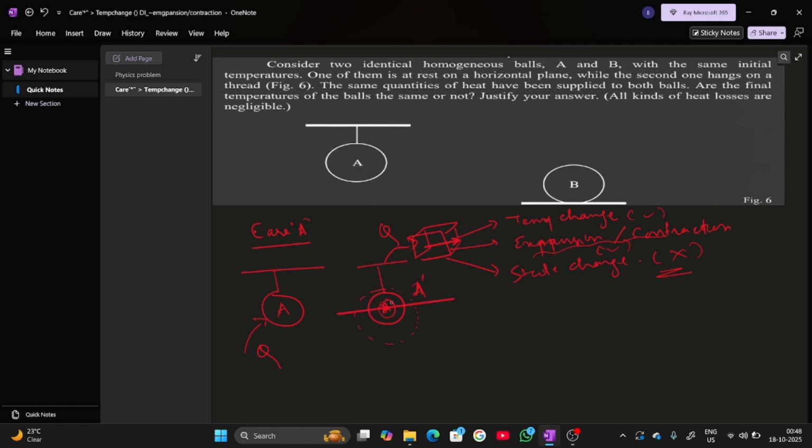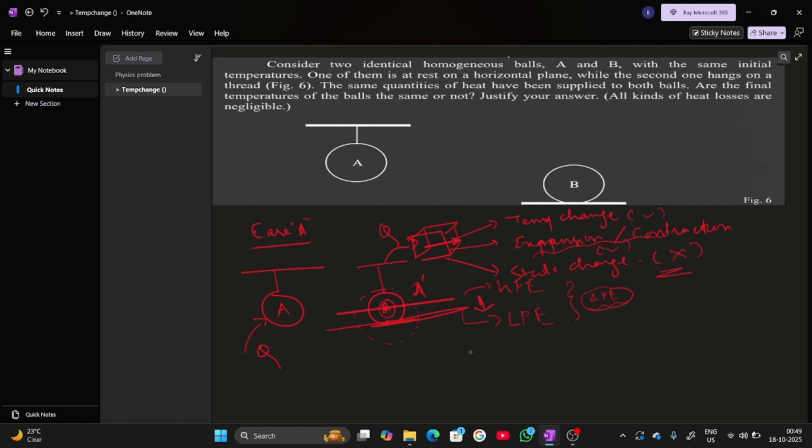But after expansion, the new center of the body is positioned lower than the initial position. That means initially A is at higher potential energy, but after expansion, A came to a lower potential energy state. That means there is a potential energy change.